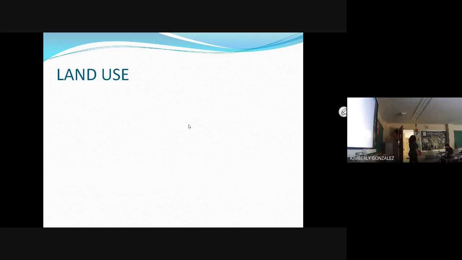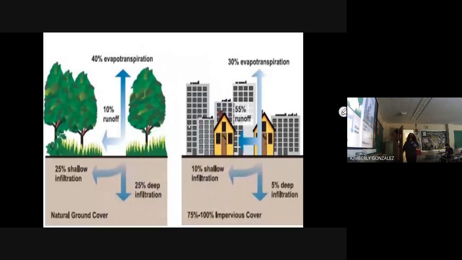I said this is going to be the last one. All right? Humans are bad. I've been saying it the whole time. If you take away that vegetation, if you start the industrial revolution, where you have more big buildings, more things producing pollution, they're going to lead to less infiltration.